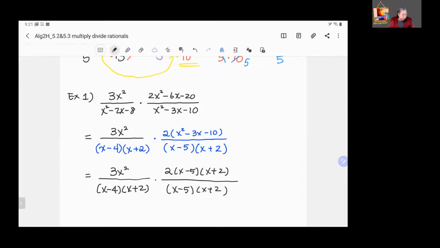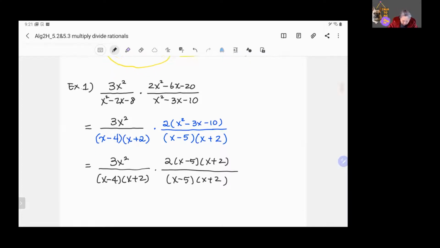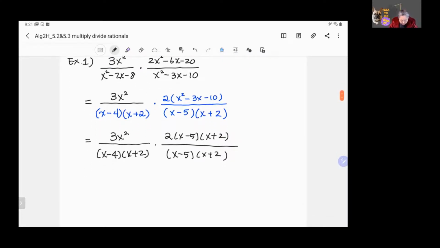Now I have to recognize them as common factors from top and from bottom, right?